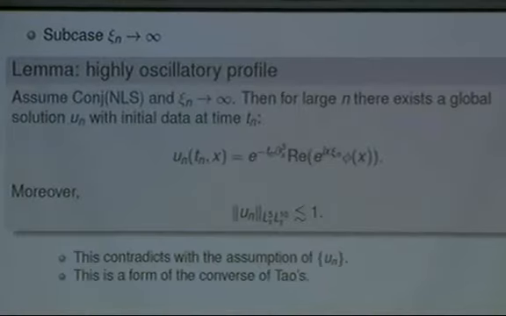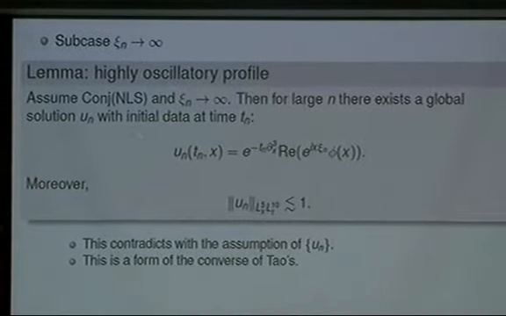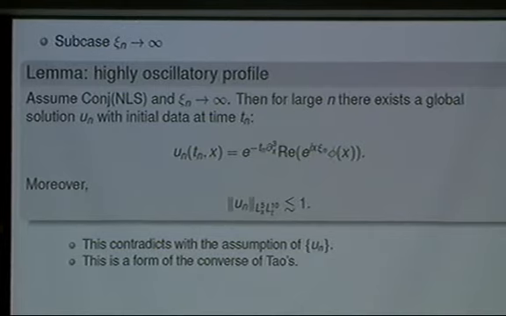The most important case is when the frequency modulation is going to infinity. But in that case, we have to use the assumption of the scattering conjecture for the 1D NLS. When the frequency is very high, from the same idea of the tau, we can show such a lemma.